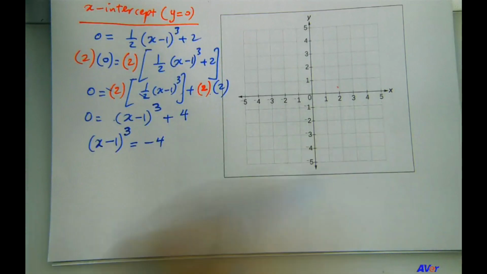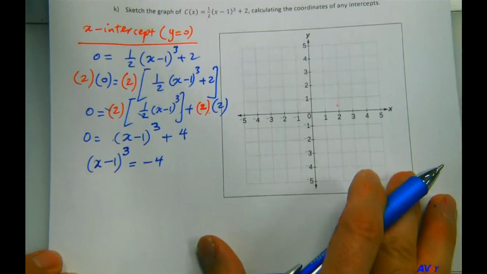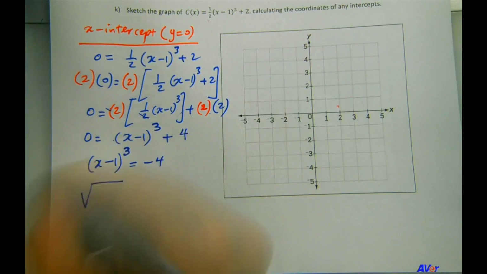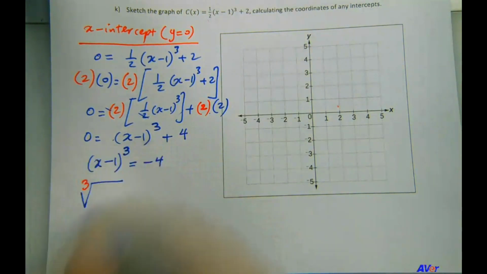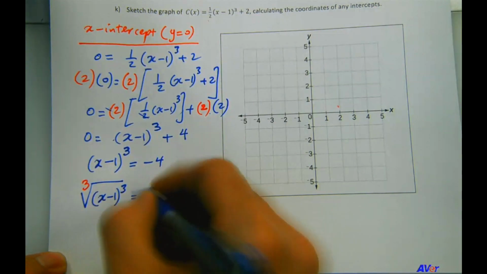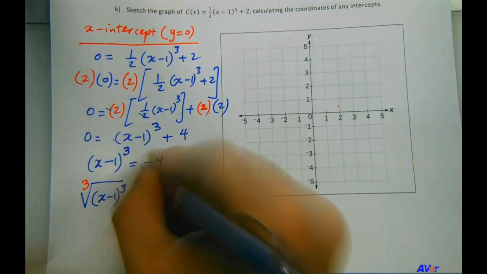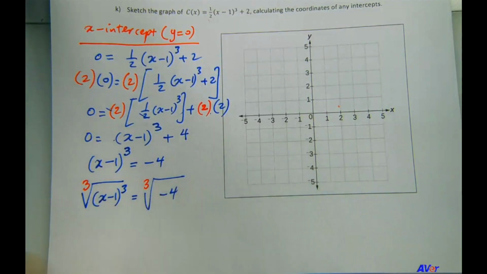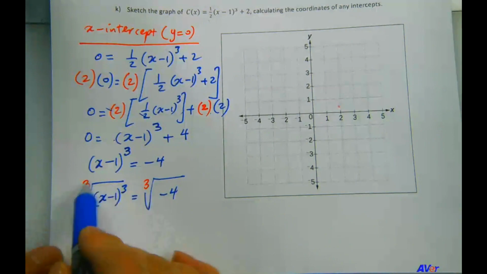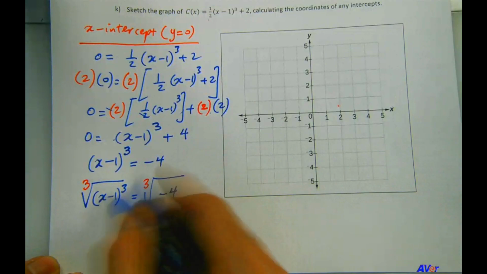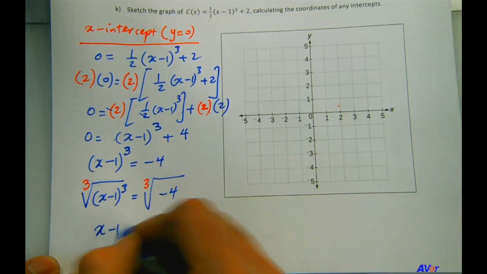Let's take the third root of both sides. So third root of x minus 1 cubed equals third root of minus 4. This 3 is equal to that 3. They cancel each other out. And nice and easy on the left side, x minus 1.